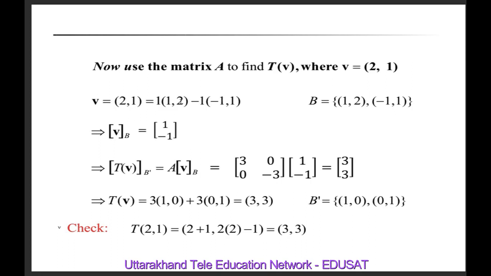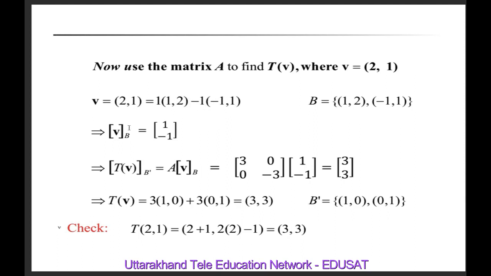And in the second case, 2x plus y equal to 1. So if we write x minus y equal to 2 and 2x plus y equal to 1, and solve these equations, we get x equal to 1 and y equal to minus 1.